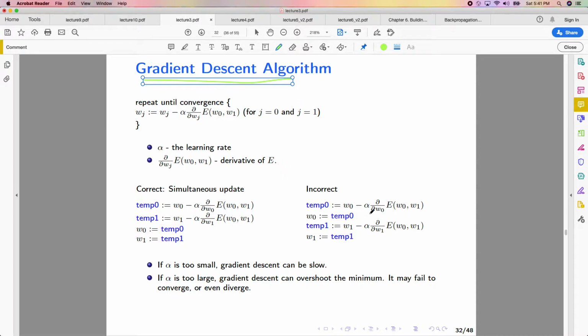So the gradient descent algorithm helps us to perform these tasks. And the algorithm is very simple and intuitive. Now what it says is you continue to do this until it converges. And what is that? You take the partial derivative of your total error.